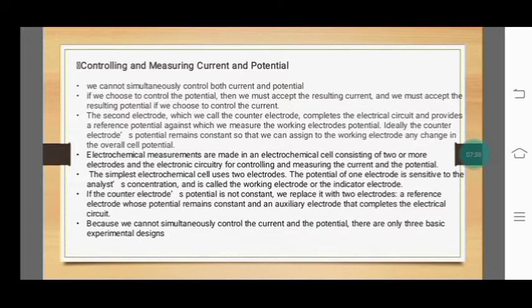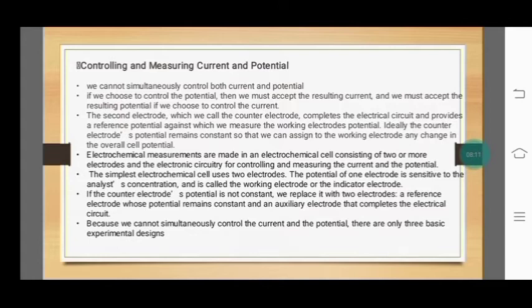Ideally, the counter electrode potential remains constant so that we can assign to the working electrode any change in the overall cell potential. So electrochemical measurements are made in an electrochemical cell consisting of two or more electrodes, and the electronic circuitry for controlling and measuring the current and the potential. The simplest electrochemical cell uses two electrodes.